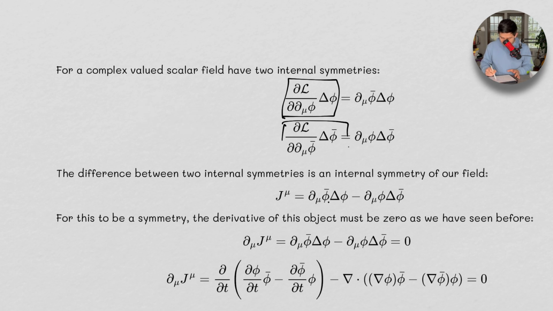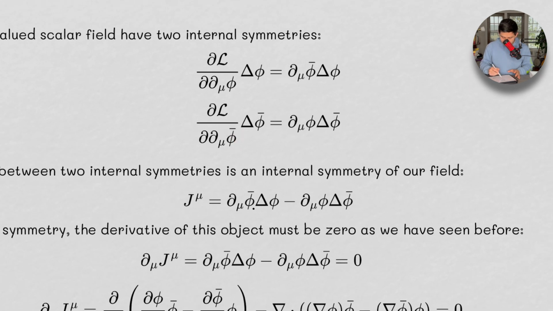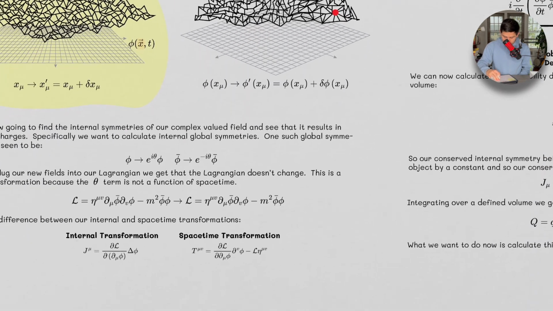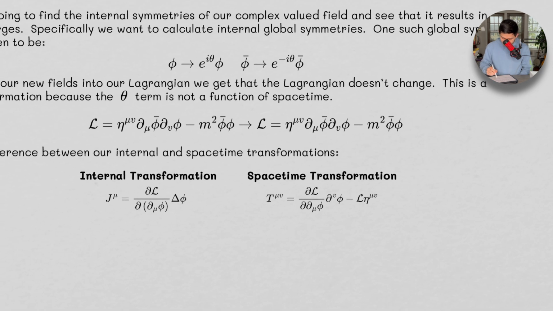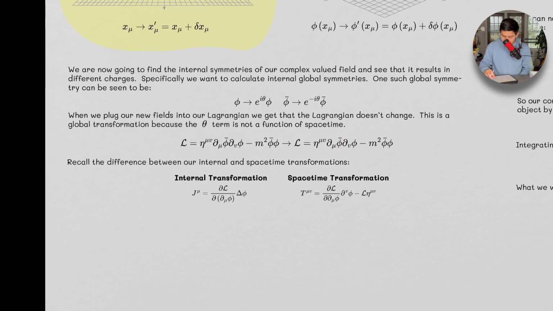which is this extra derivative of the complex conjugate as well. When we do that, we get these terms, because of the derivative of the Lagrangian with respect to the derivative of the complex conjugate. If we look back at our Lagrangian, this is what's going to come out, giving us the complex conjugate as the derivative.